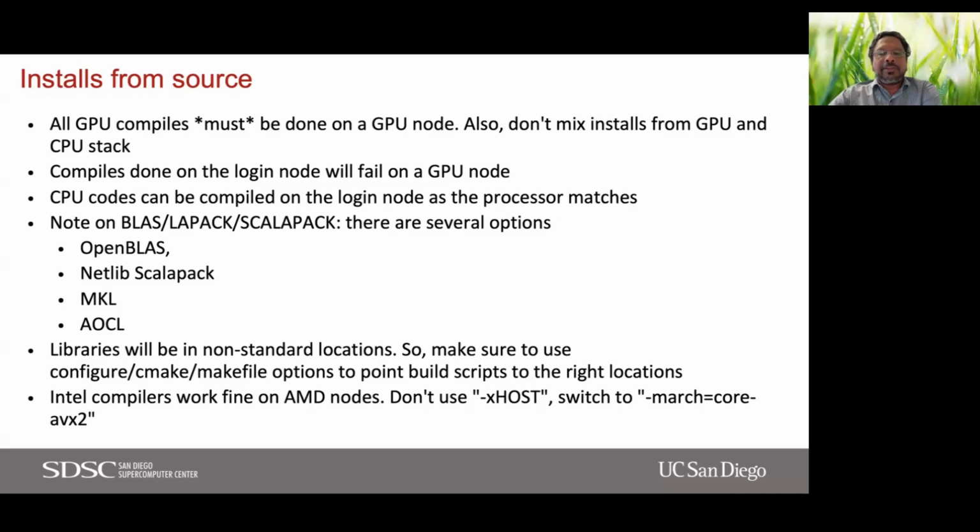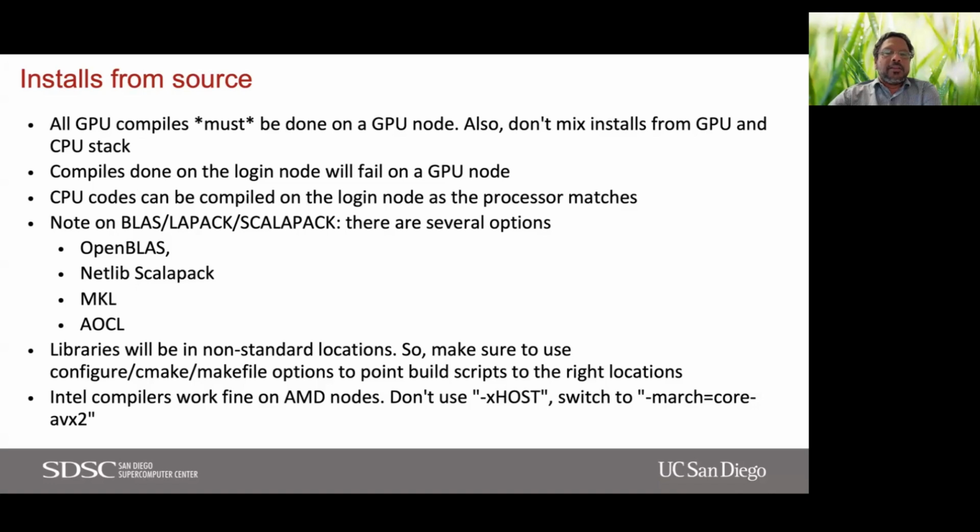So you have to basically build in locations that you can write to, install in locations you can write to. And if you have packages installed in non-standard locations, you just need to change your build scripts to point to them and not just try to install it in the root directory, essentially.